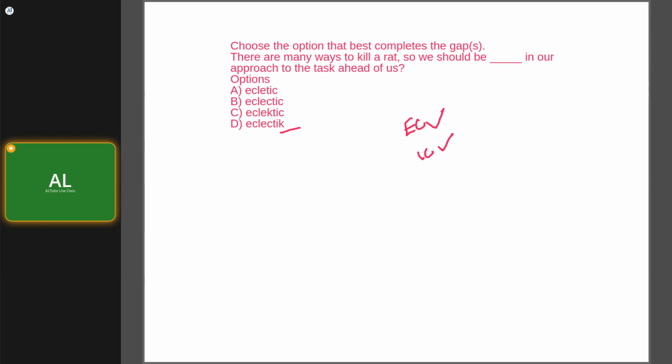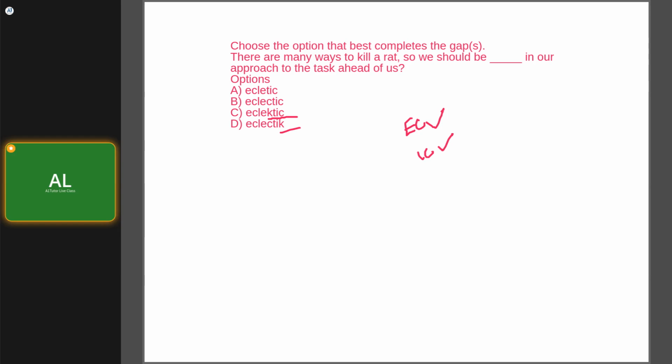You have C, basically, like in dyslexic. It sounds with C. So we know that something is wrong with the one with the K sound. So it means we are left with two options, and the way it sounds, it's dyslexic.